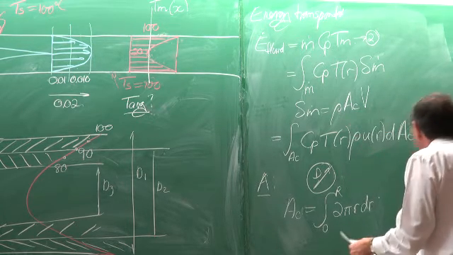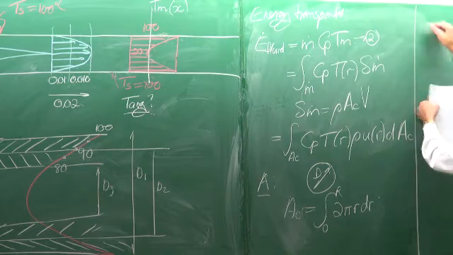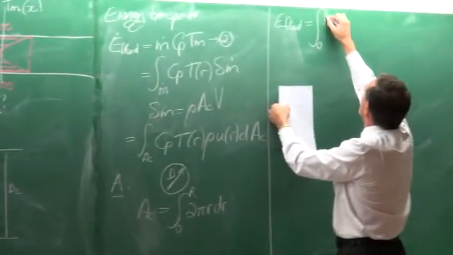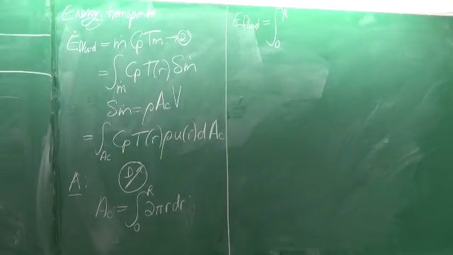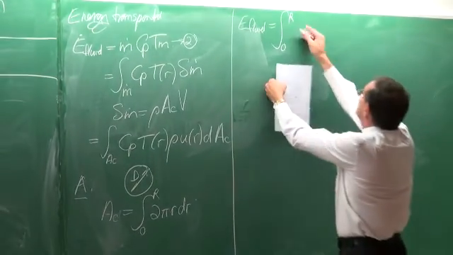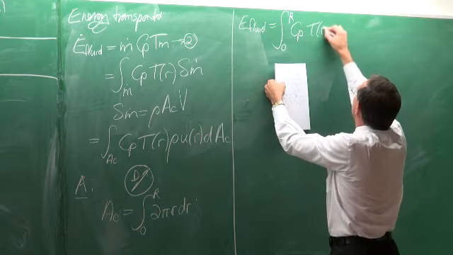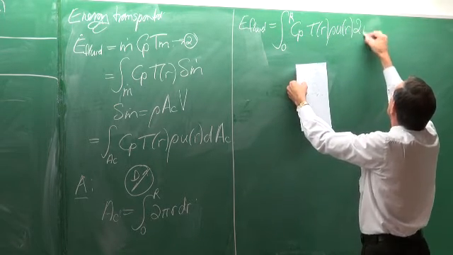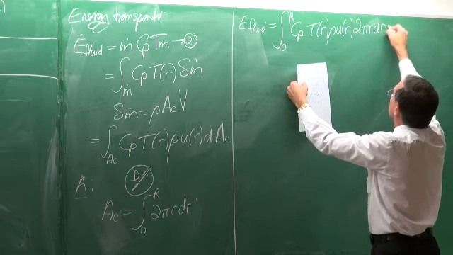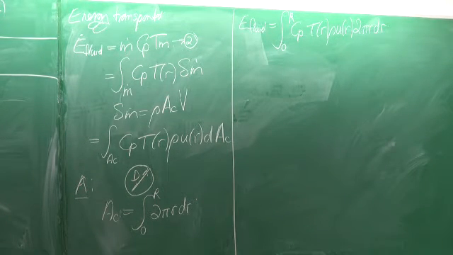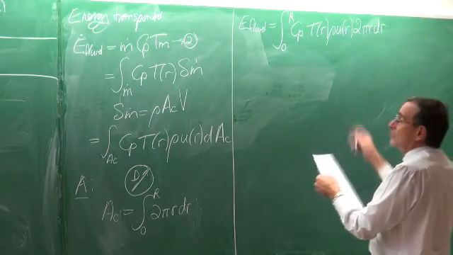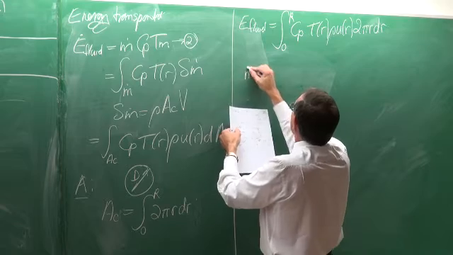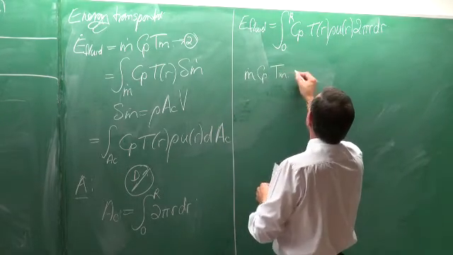Okay, so putting that back into the equation gives us then the energy going into the fluid, the integral from 0 to r. Okay, we want to do the integration over the radius now of Cp, T(r), rho, U(r), 2 pi r dr. Okay, and we still need to remember from equation 2 that this is actually equal to the mass flow rate Cp multiplied by Tm.